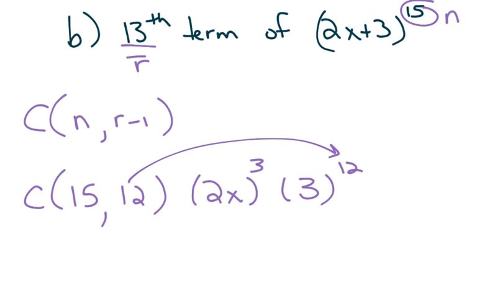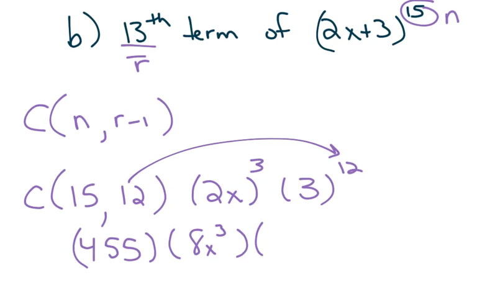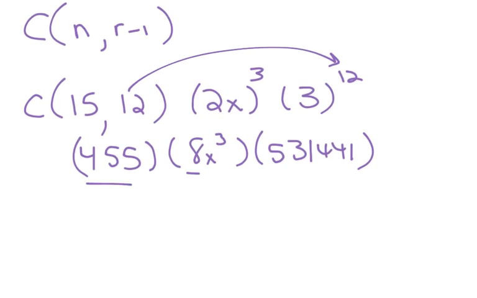So now we're going to plug this into our calculator and find out what 15 nCr 12 is, which is 455. And then we're going to multiply that by 2x to the 3rd, which is 8x cubed, and then 3 to the 12th power, which is 531,441. Now we're going to multiply these three numbers together, which is going to be a huge number.